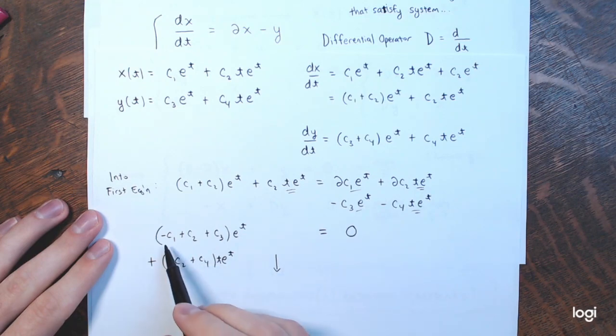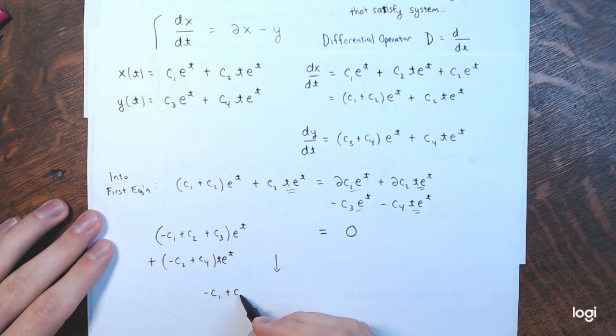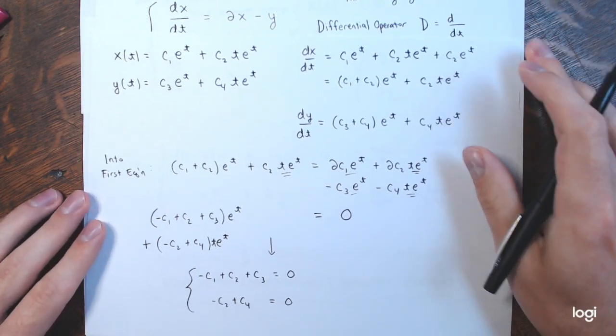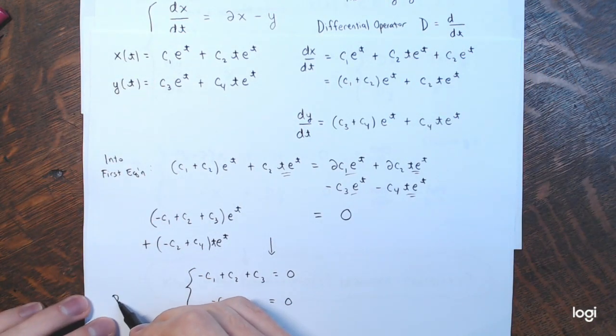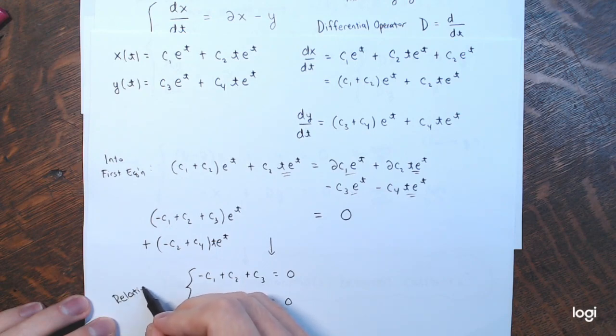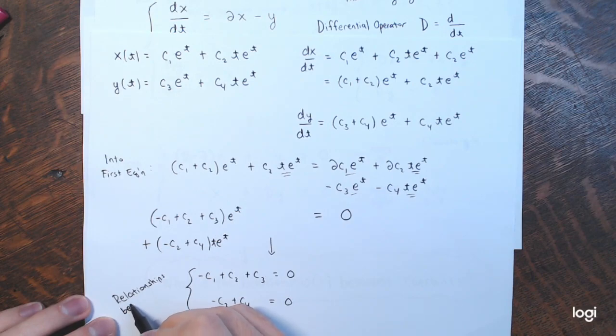So negative c1 plus c2 plus c3 must be equal to 0, and negative c2 plus c4 must be equal to 0. So here are the relationships between the coefficients that I was talking about.